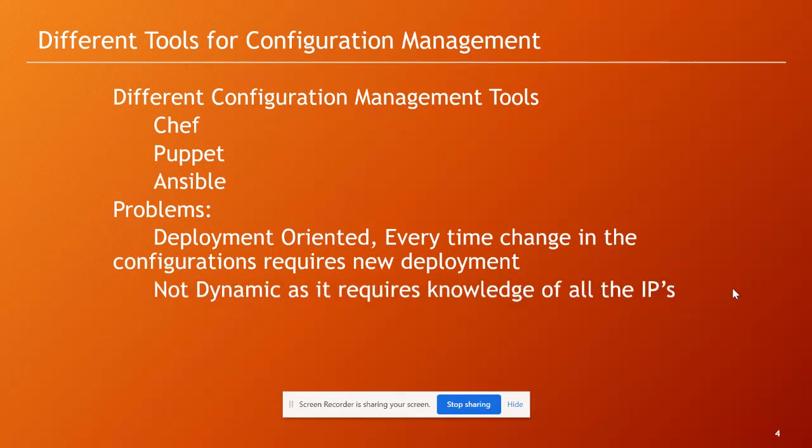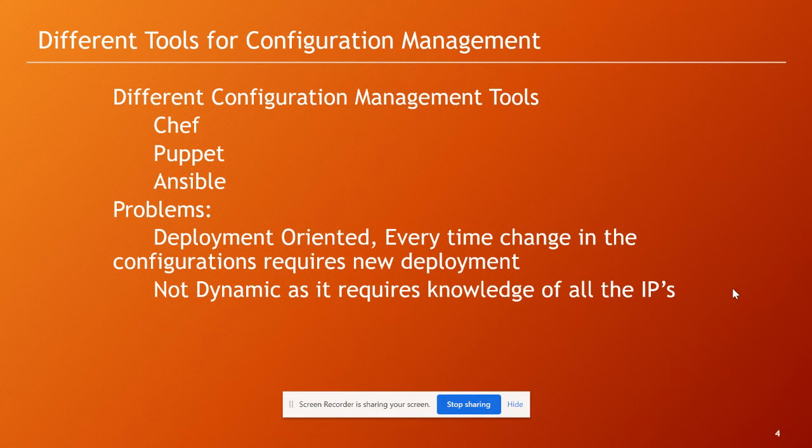We have some more problems: it is not even dynamic. With Chef, Puppet, and Ansible, there should be a server which is aware of the IP addresses of all the applications so that it can push all changes to those IP addresses. Only by using that can it deploy your changes. So the Chef or any configuration management tool has to keep track of all the services, and only then can it do the deployment.